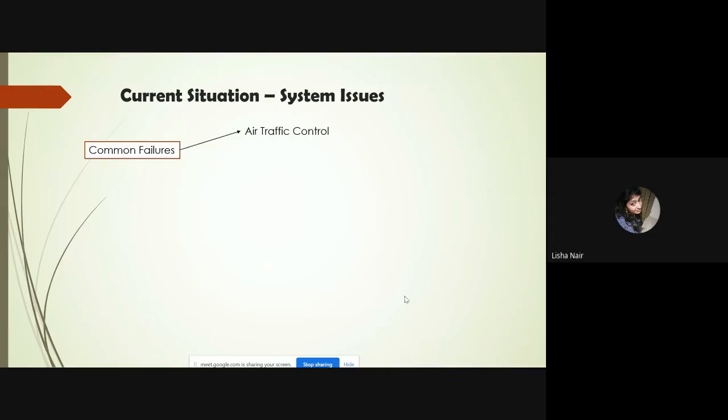Right now, in the current situation, what are the certain issues that we see in the industries? In the aerospace industry, what we see is air traffic control. You would have seen a crash. It's not recent, it's a couple of years ago, that there was a failure on the air traffic display.